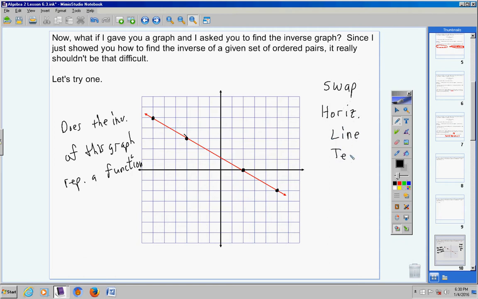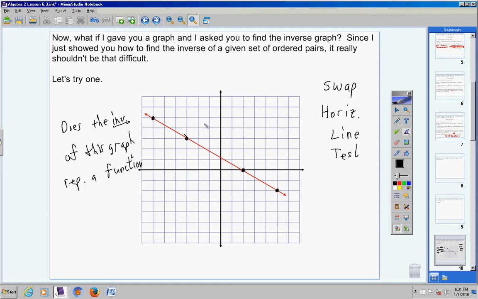So, are you listening to me? If you will listen to me, I will explain this well. If I said to you, does this red graph represent a function? You would use the vertical line test, no problem. But if I said to you, does the inverse of this given graph represent a function? And I did not allow you to write the inverse graph, you would use the horizontal line test.